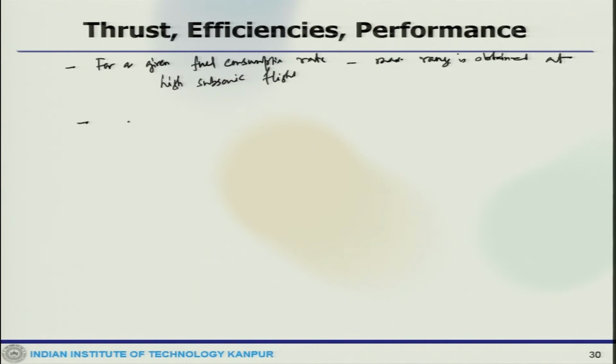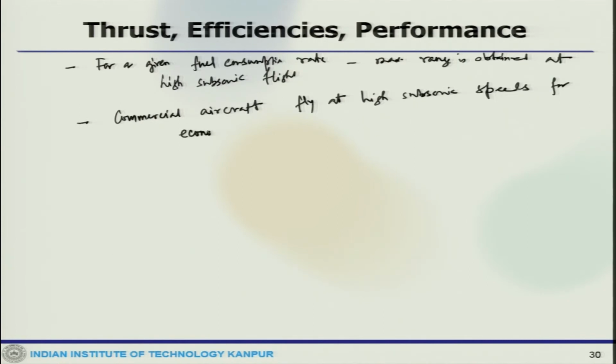Now, the other things like commercial aircraft fly at high subsonic speed for two reasons.